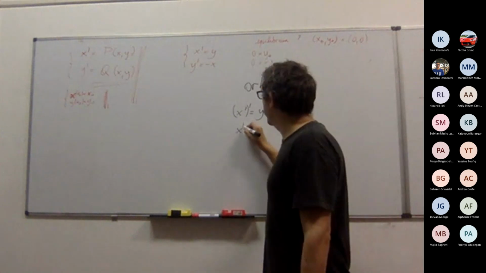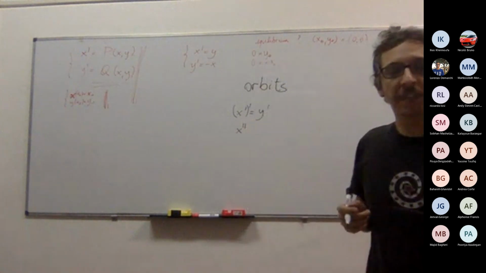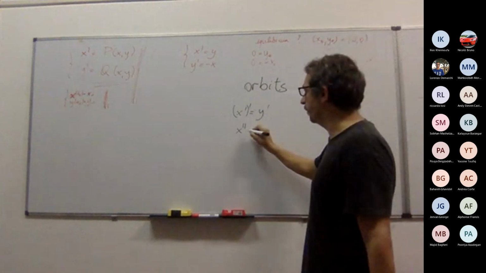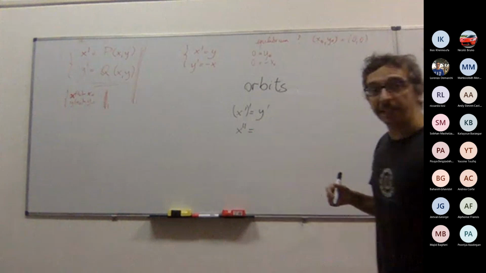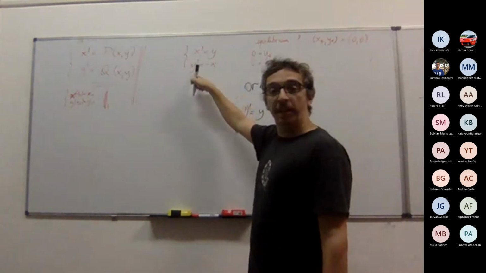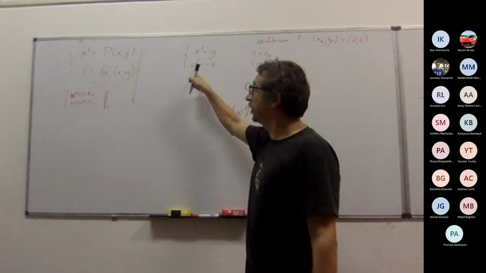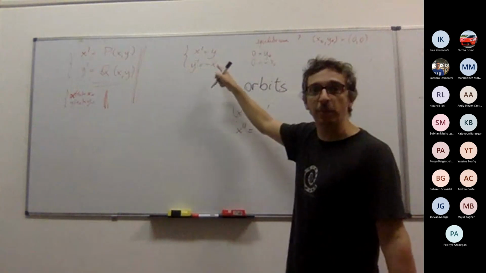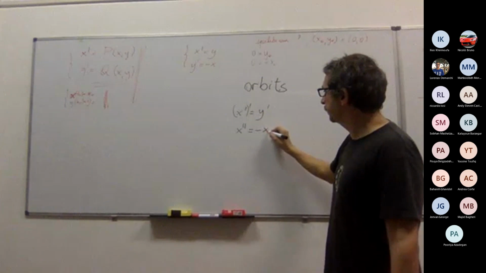On the left hand side, I have just the second derivative with respect to t of x, right? x double prime. On the right hand side, I have y prime, but y prime is given by the second equation, which tells me that y prime is equal to minus x.